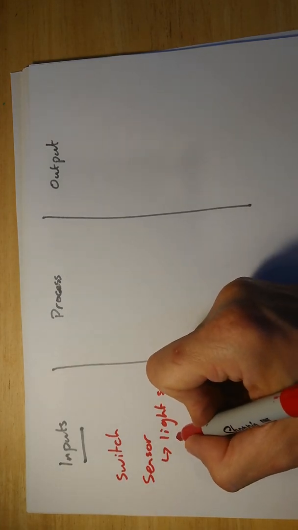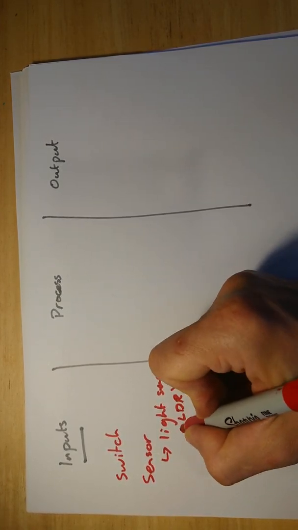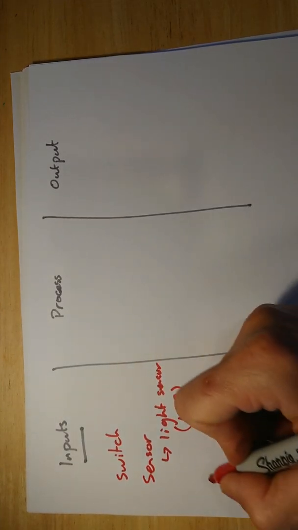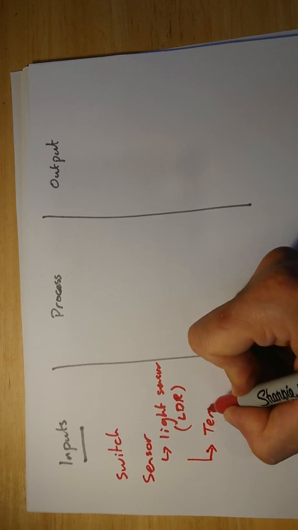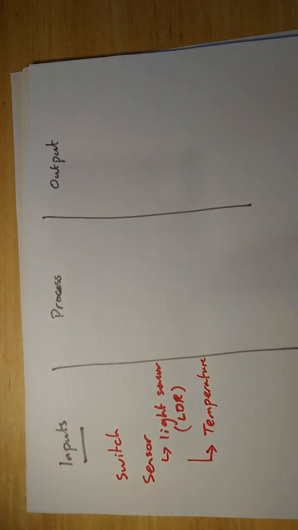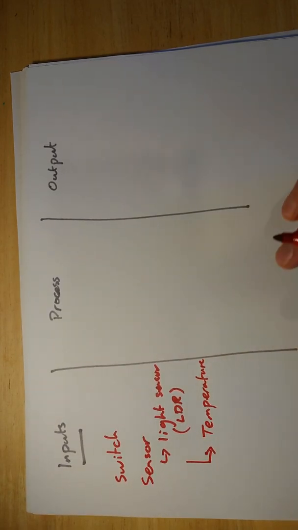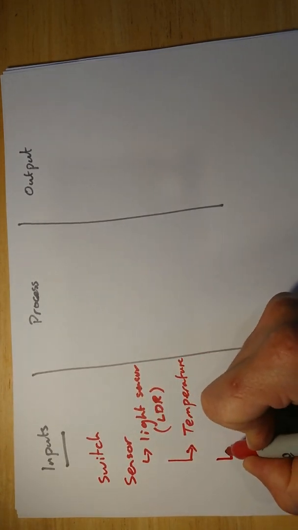Lots of these light sensors are really light dependent resistors. Or they could sense a temperature, so they could be thermistors. Or these sensors could be for moisture.